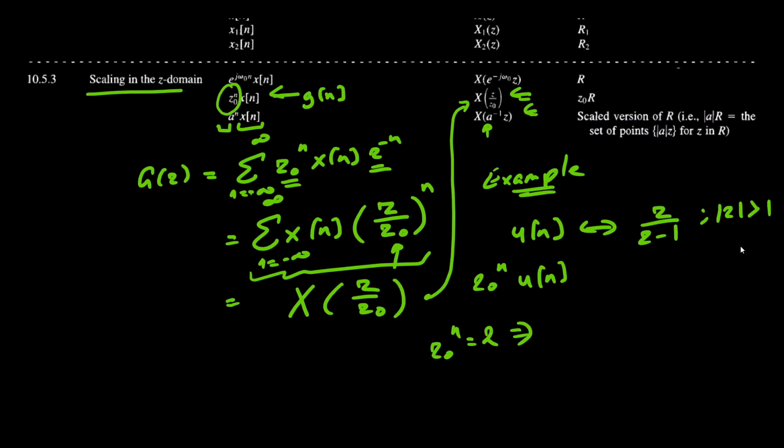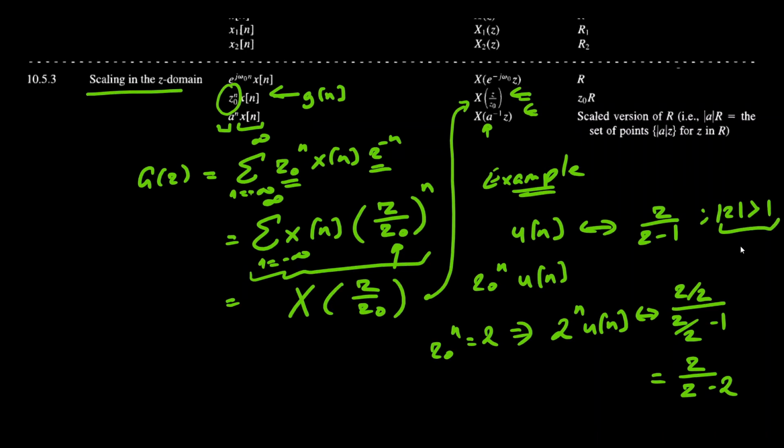So in that case we have 2 power n u of n. So this would be simply z by 2 over z by 2 minus 1, or we can say z over z minus 2. But now the ROC would also be scaled as per this pole, so absolute value of z would be greater than 2.